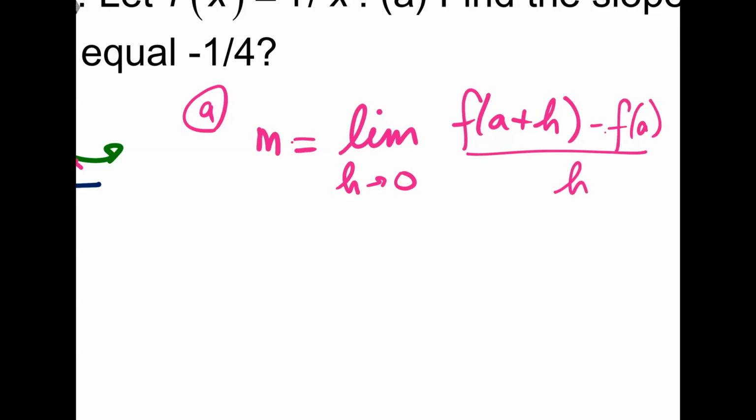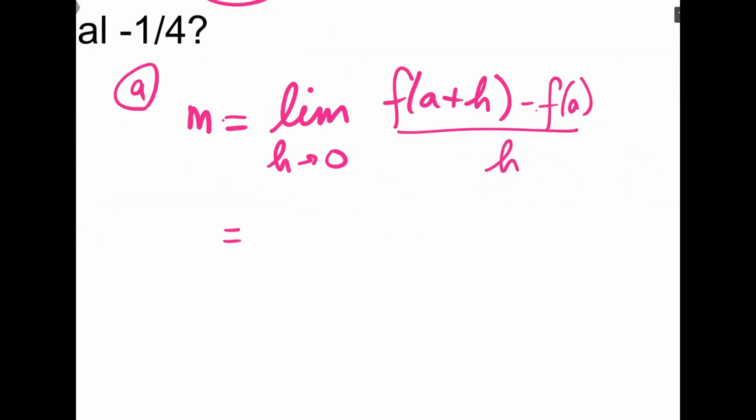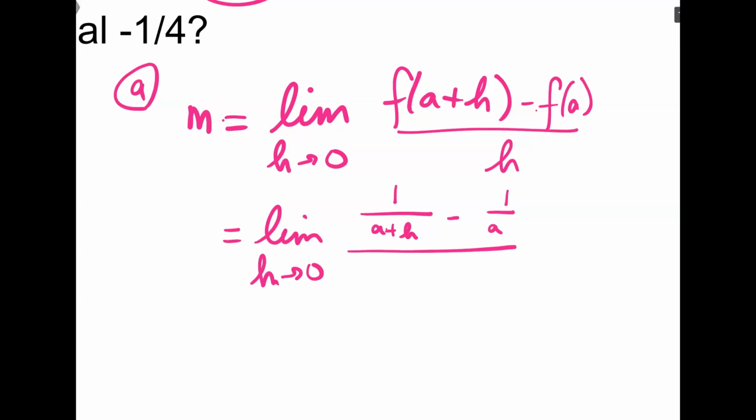Okay, well we know our function is 1 over x, so I'm going to plug in a plus h in for x, and I'll plug in a in for x. So I'm just rewriting my line, but instead of having it in function notation, I'm actually plugging it in for the function. So I have 1 over a plus h minus 1 over a, all over h.